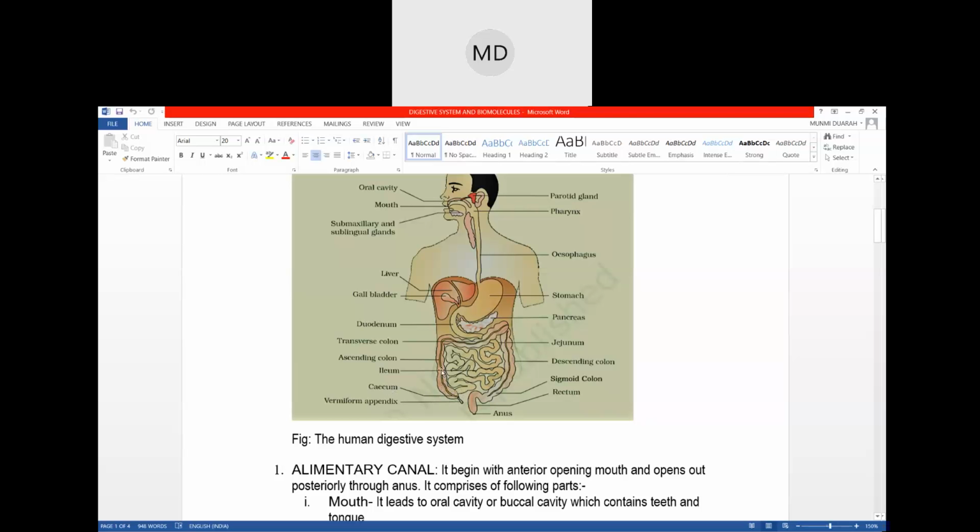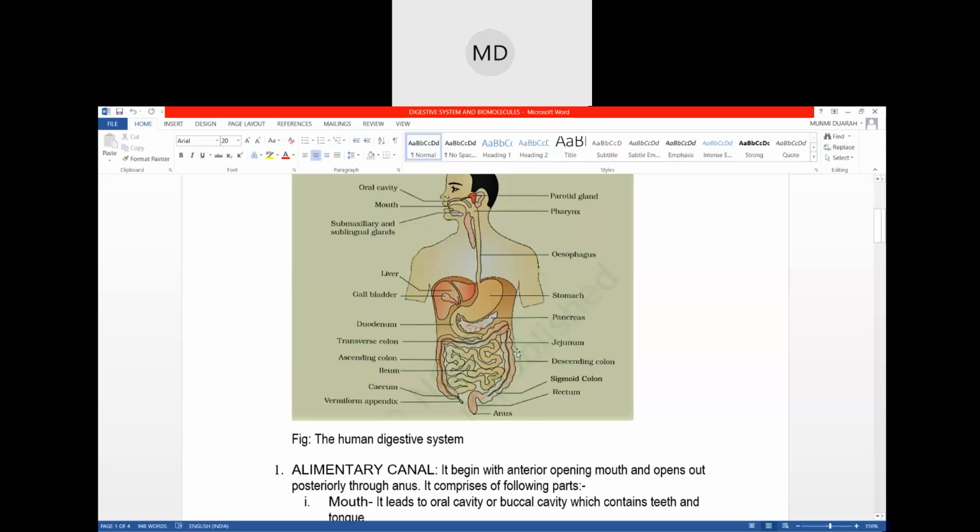Then there is the colon, with ascending, transverse, descending and sigmoid colon, and the third part is the rectum. So the large intestine is divided into three parts: cecum, colon and rectum.